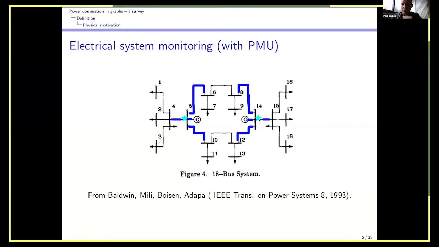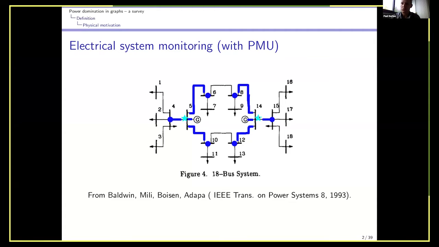So at first it monitors the wires, and then from the status of a bus and of the wire connected to it, we can infer by Ohm's law the status of the next bus. And then there is some knowledge on these vertices. So buses will become vertices from this PMU. And we see here, we started with a simple dominating set, I mean, a simple set of vertices dominated by the blue stars.